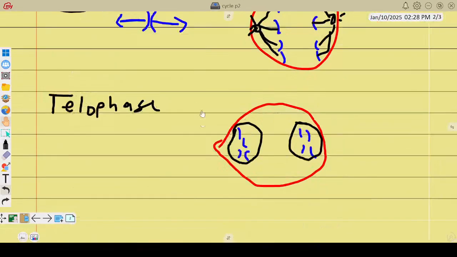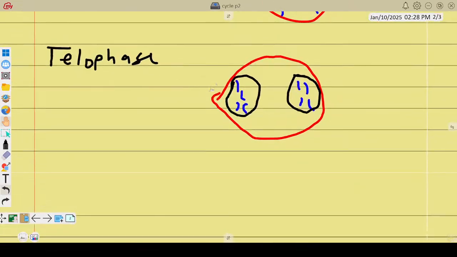So this is where we're coming from. We're now here, telophase. Under telophase, the nuclear membrane has formed, and everything like that. So after telophase, this is the part where we now come to cytokinesis.